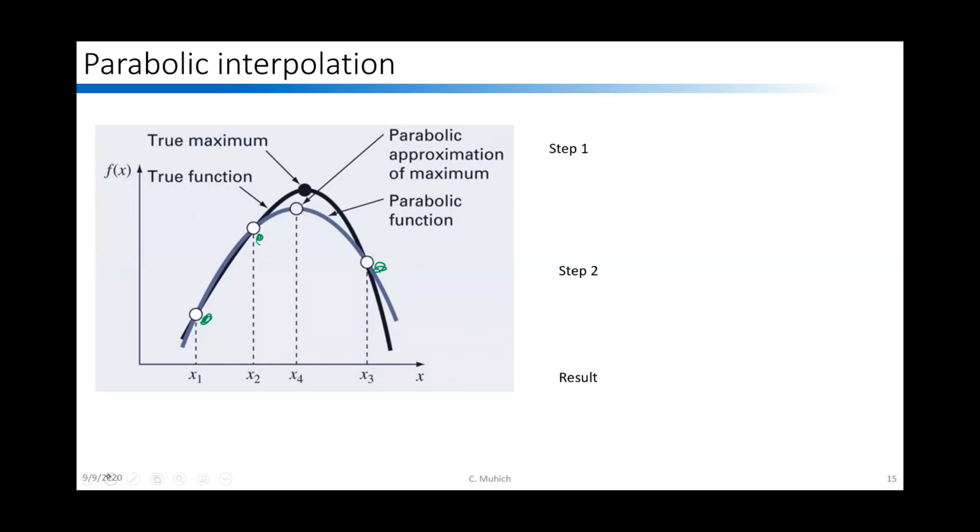So in essence, there are going to be 2 different steps. First, step 1 is fit a parabola to this equation, y equals ax squared plus bx plus c.